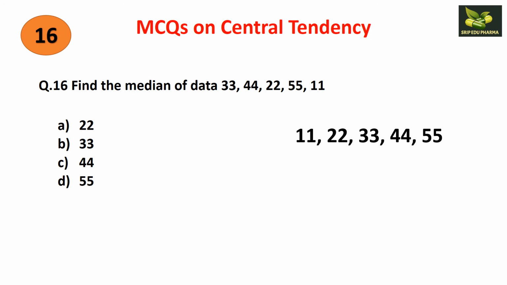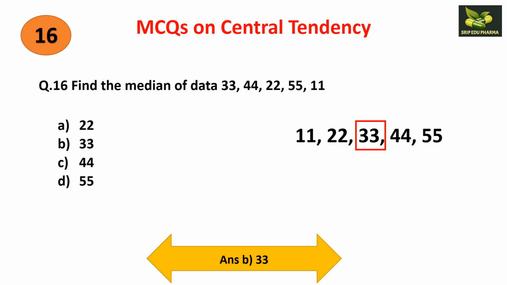So when we arrange it, then it is 11, 22, 33, 44 and 55. As this data is n is equal to 5, means it is odd number. So the middle point of this sequence will be the value. So here middle point is 33. So the answer is B, that is 33.